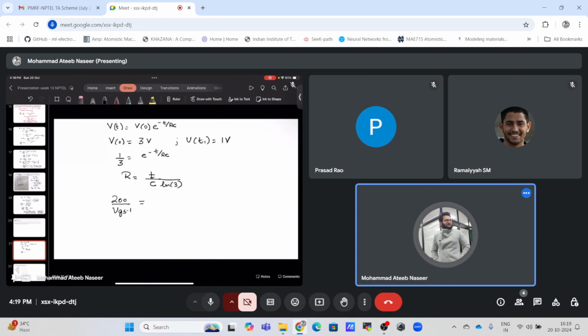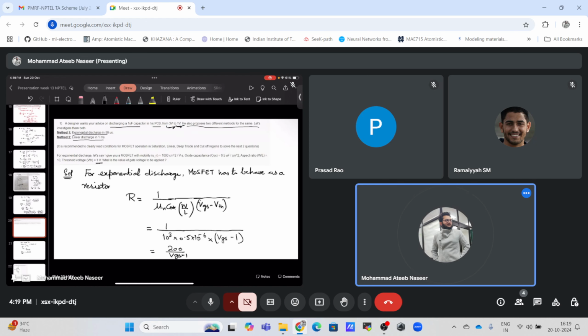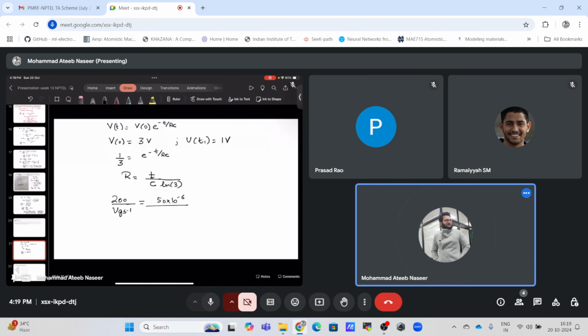T is 50 microseconds, and C is 1 microfarad. This thing and this thing will cancel. So it's 4 times ln of 3 plus 1. It is 4 times ln of 3 plus 1 is VGS.